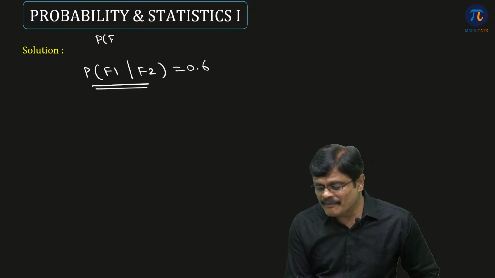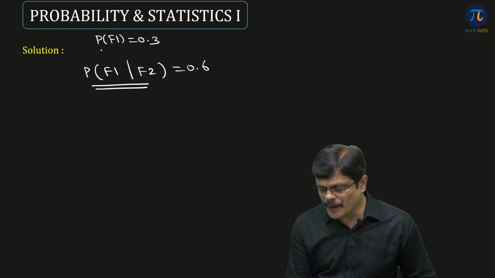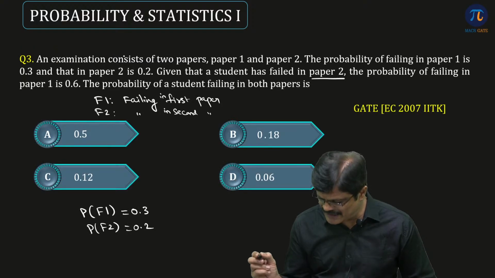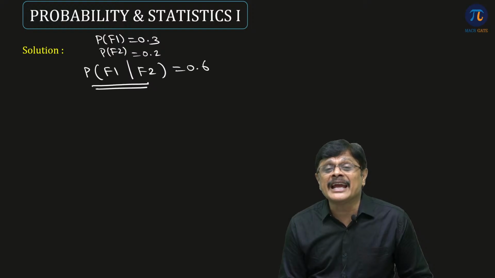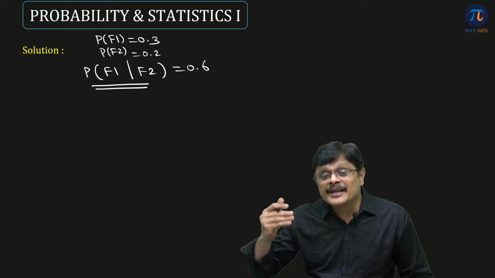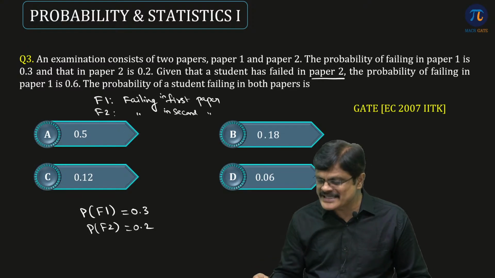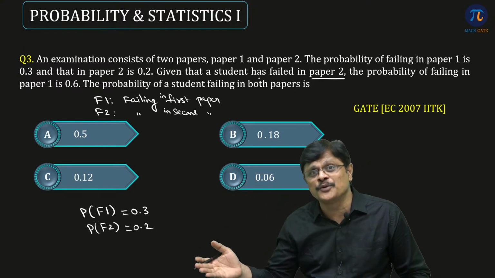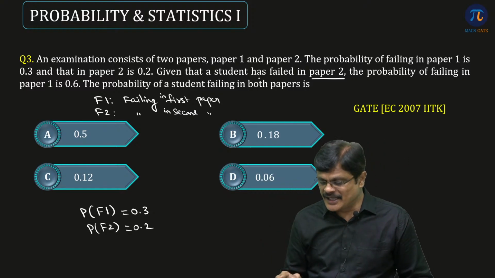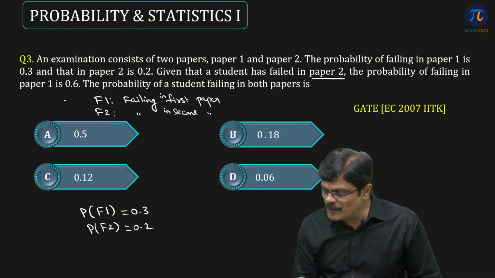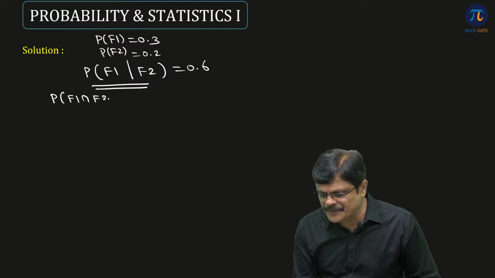In the problem, the probability of failing in paper 1 is clearly given as 0.3. The probability of failing in paper 2 is clearly given as 0.2. And the probability of failing in paper 1, given that the person has failed in paper 2, is 0.6. Now the question is, what is the probability that the student fails in both papers, that is, fails in paper 1 and paper 2?